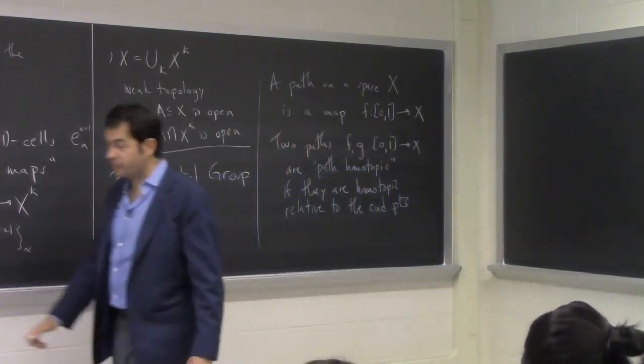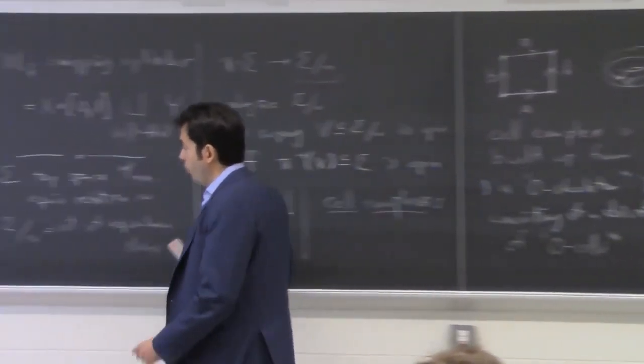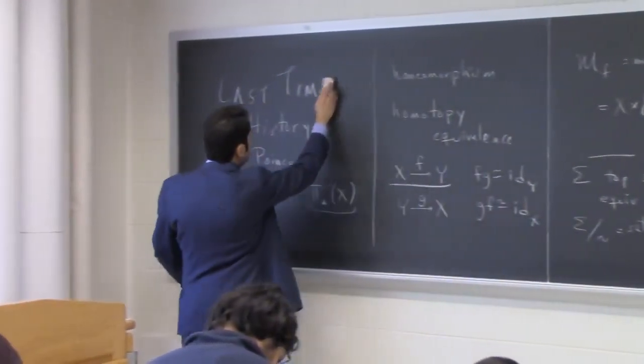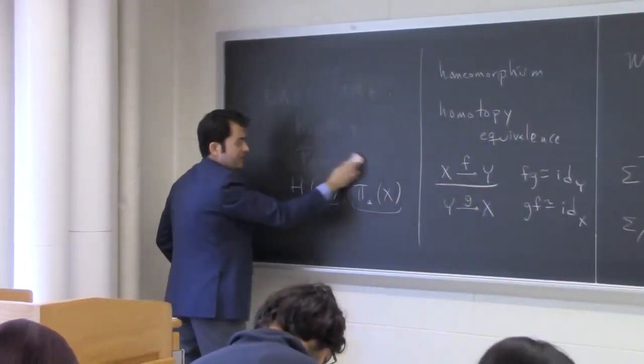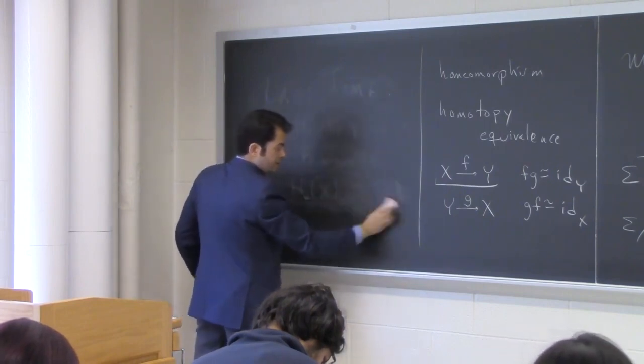Remember from last time, a homotopy is relative to some subset if nothing happens on that subset, if the maps are constant there.